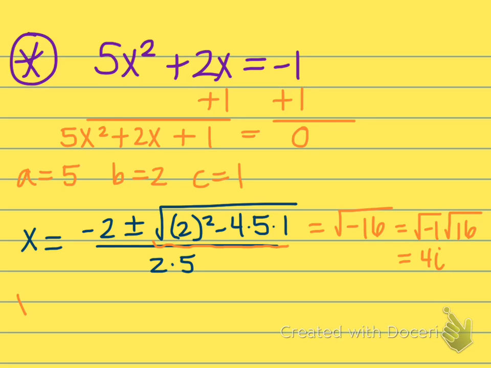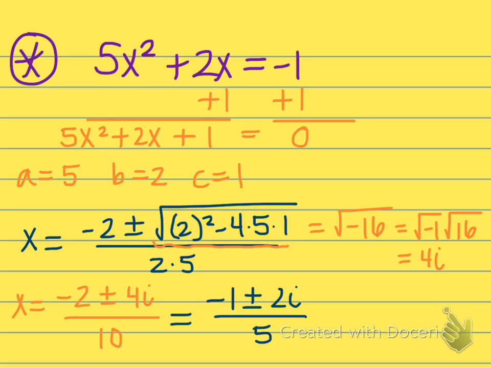So if I substitute that into the equation in place of the square root, I get negative 2 plus or minus 4i divided by 10. Now, we are able to simplify this a little bit because if you notice, all of the terms in the numerator and the denominator are divisible by 2. So if I go through and divide all those terms by 2, I get negative 1 plus or minus 2i divided by 5.